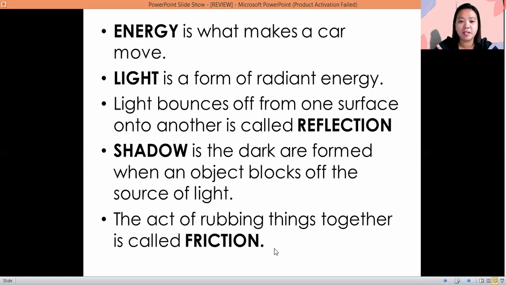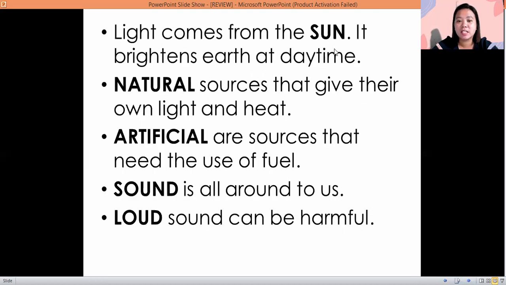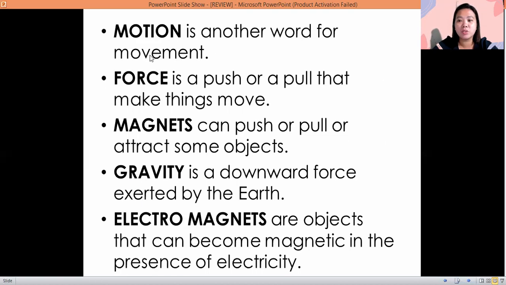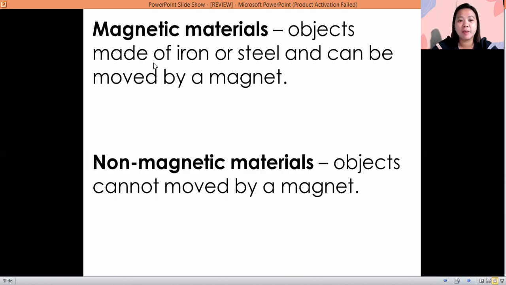So please remember the meaning of these following words: energy, light, reflection, shadow, friction, sun, natural, artificial, sound, loud, motion, force, magnets or magnetism, gravity, electromagnets.